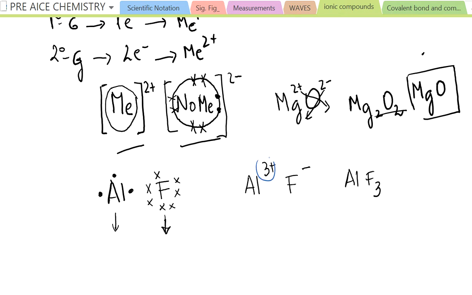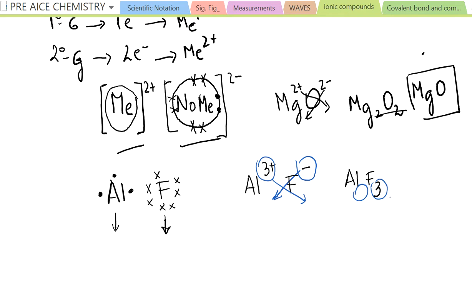I take this one and I pass it here, and I take this negative 1 and I pass it here. Be careful, because these numbers do not carry any sign. They refer only to the amount of atoms that I have in the formula, and an amount of atoms cannot be negative. Yes? So they are always positive. So we cross the numbers without the sign.